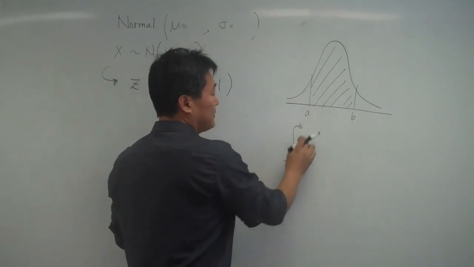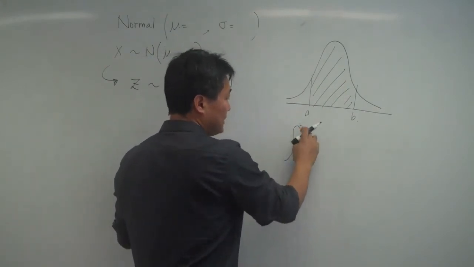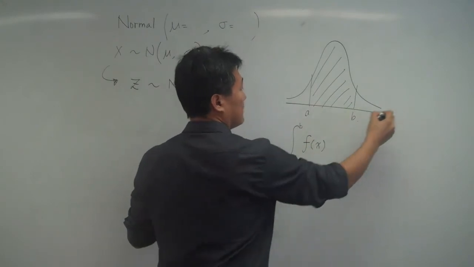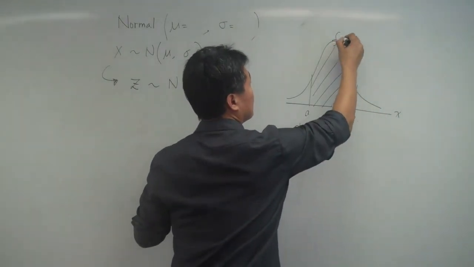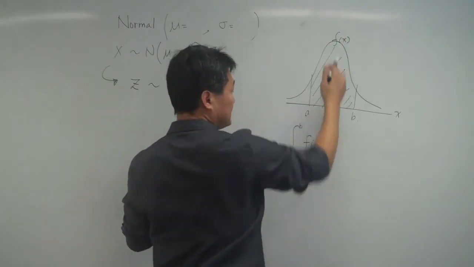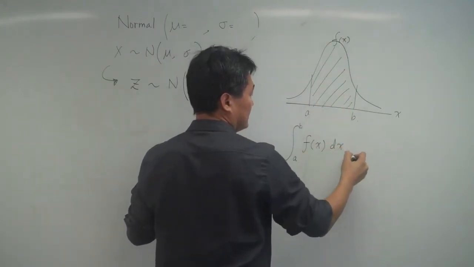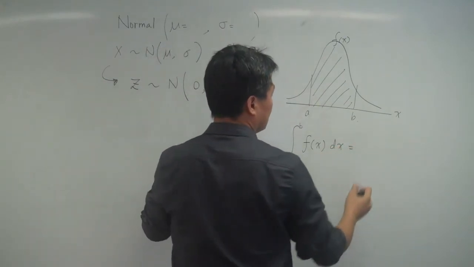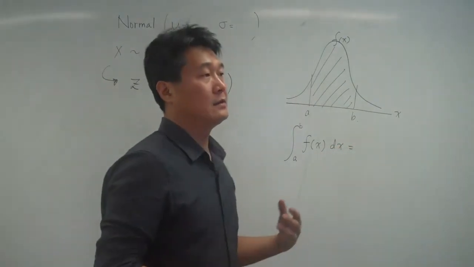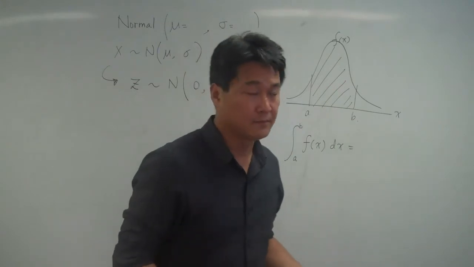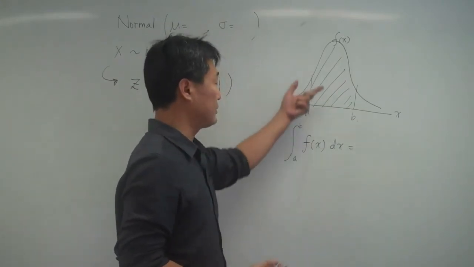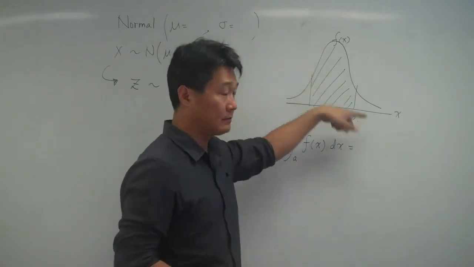Integral from a to b of this function according to x. So it's just a mathematical procedure to obtain the probability under the curve, normal curve.